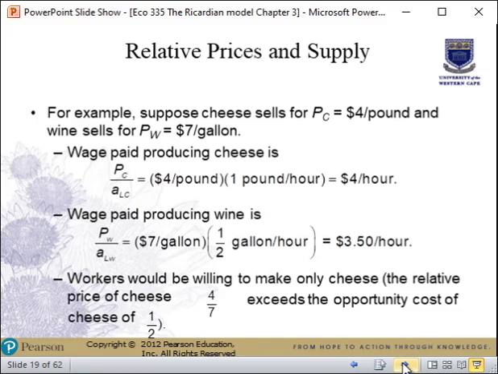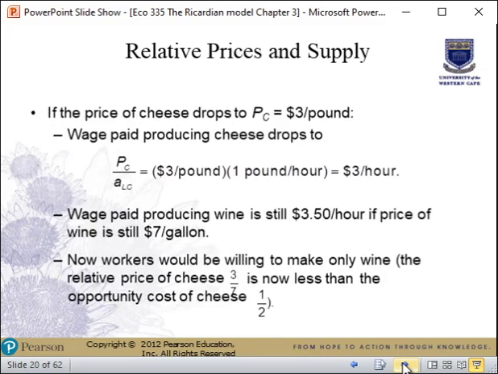On the other hand, the wages paid in the wine sector are equal to the value of wine produced in an hour. The wages for cheese will be equal to $4, whilst those for wine will be equal to $3.50. Therefore, in this example, workers will specialize in the production of cheese since the relative price of cheese in terms of the price of wine will exceed its opportunity cost.